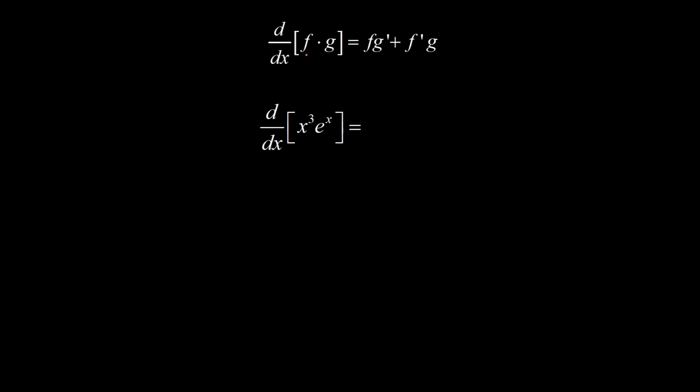Now, it doesn't matter if you want to choose f to be e to the x and g to be x cubed. That's fine. However, it's pretty common for people to choose f to be the first function and g to be the second. And so that's what I'm going to do going forward.